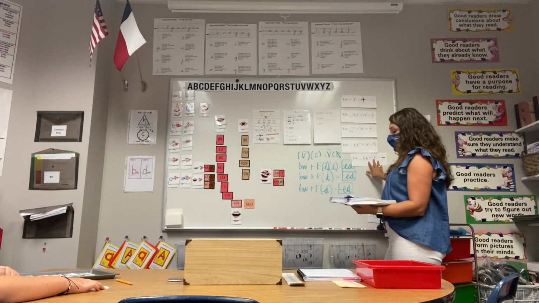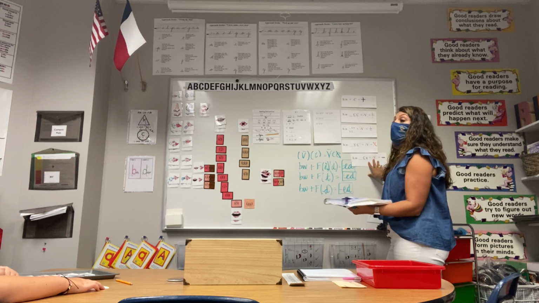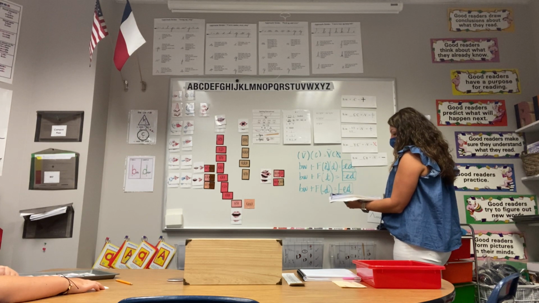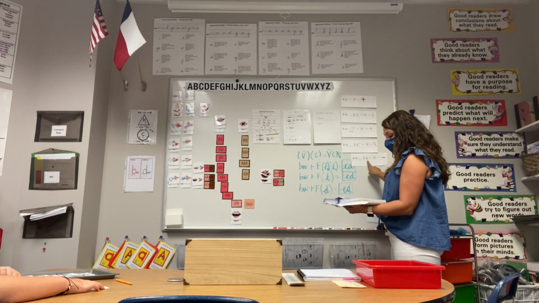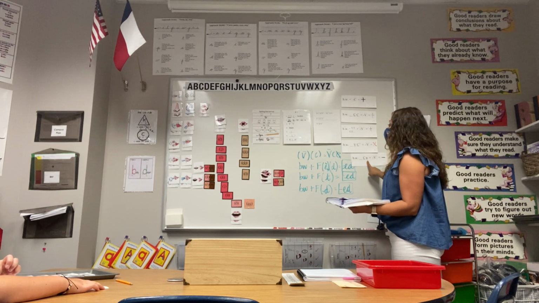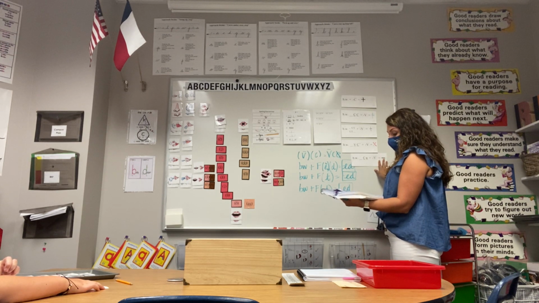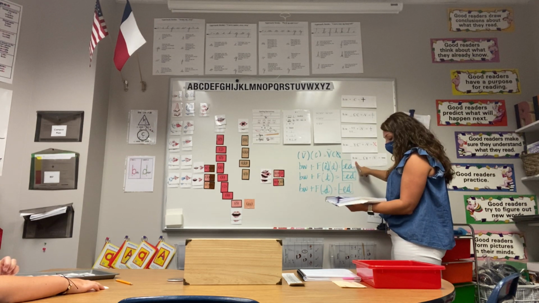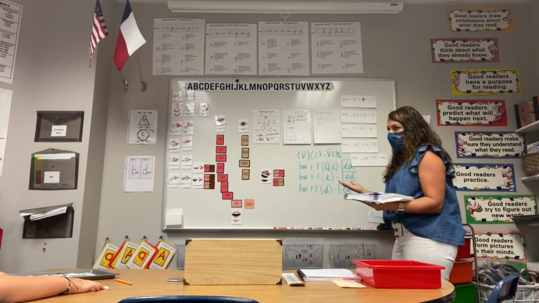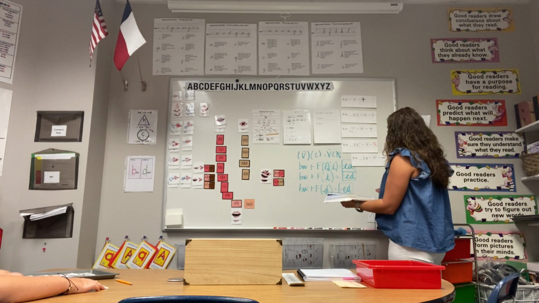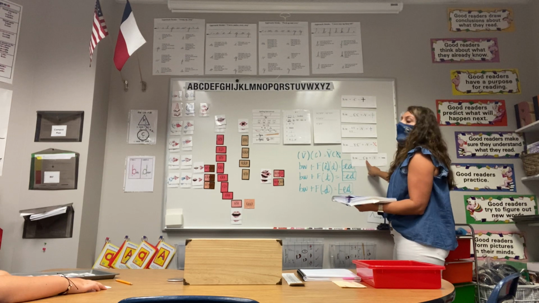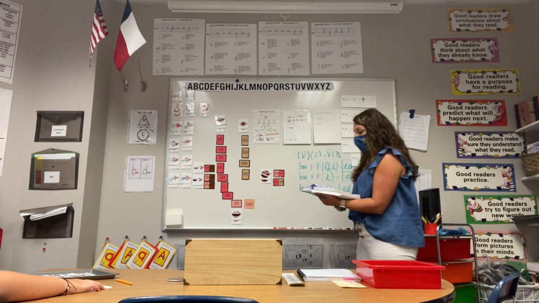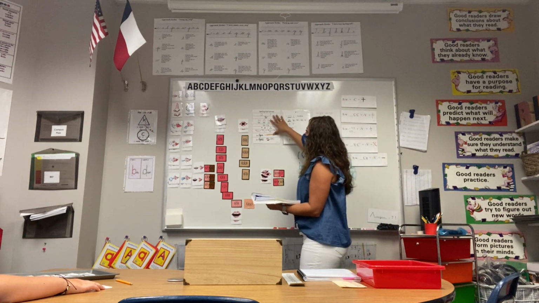If that base word ends in consonant silent E, we drop the silent E and attach the vowel suffix. Let's try that again. If it ends in consonant silent E, we drop the silent E and then attach that vowel suffix. Okay? Let's review our procedures for spelling derivatives.